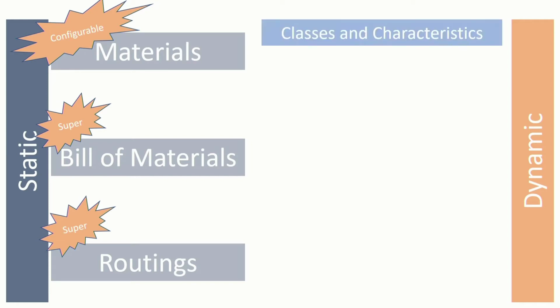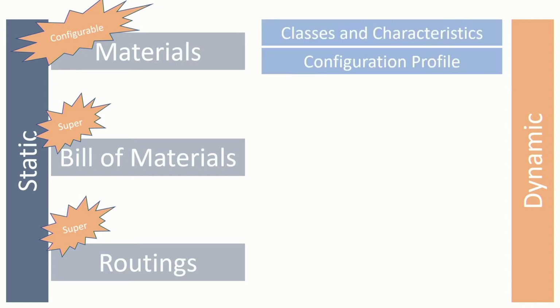Underpinning VC is classes and characteristics, which some of you may be familiar with in other areas of SAP. A class is like a container. We throw characteristics in it which describe all the options that we're choosing, you know, the window size, the window type, whatever.